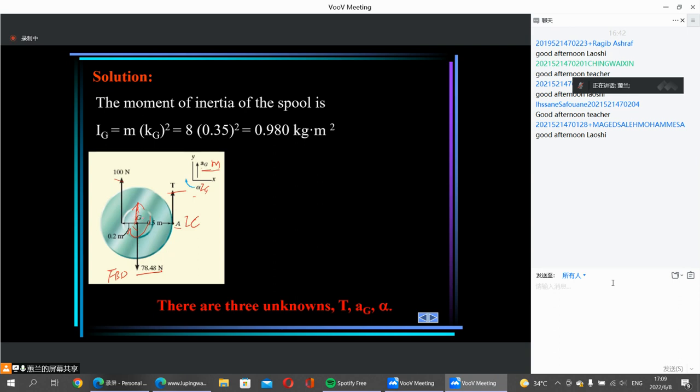Why? We need to know this. With AG pointing up, alpha should be clockwise. Why not counterclockwise?